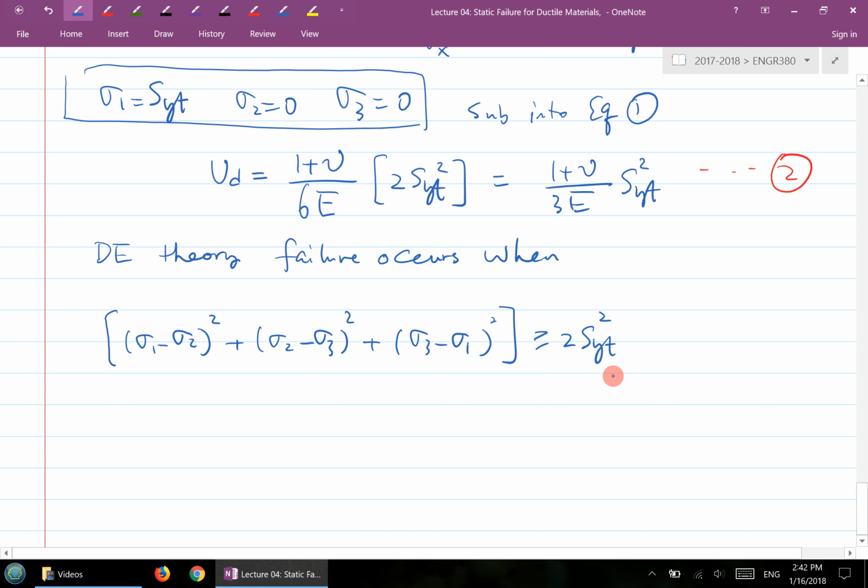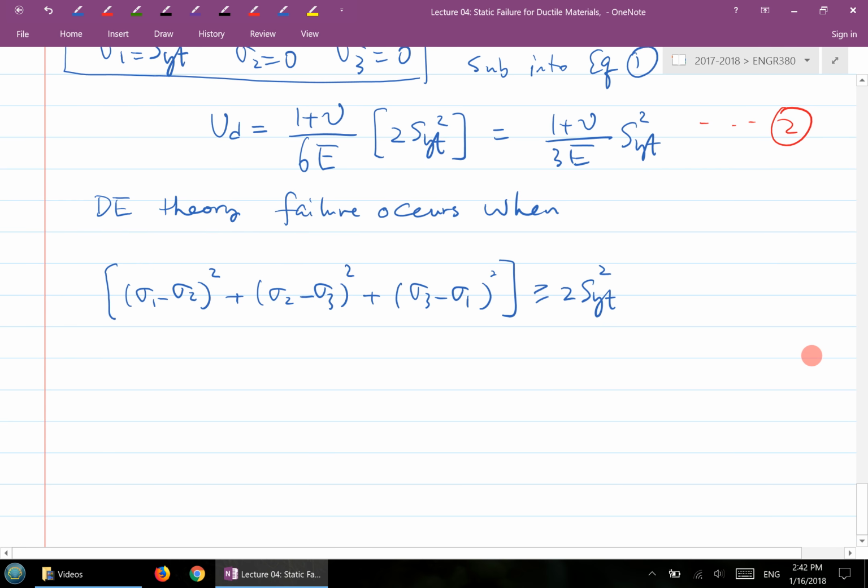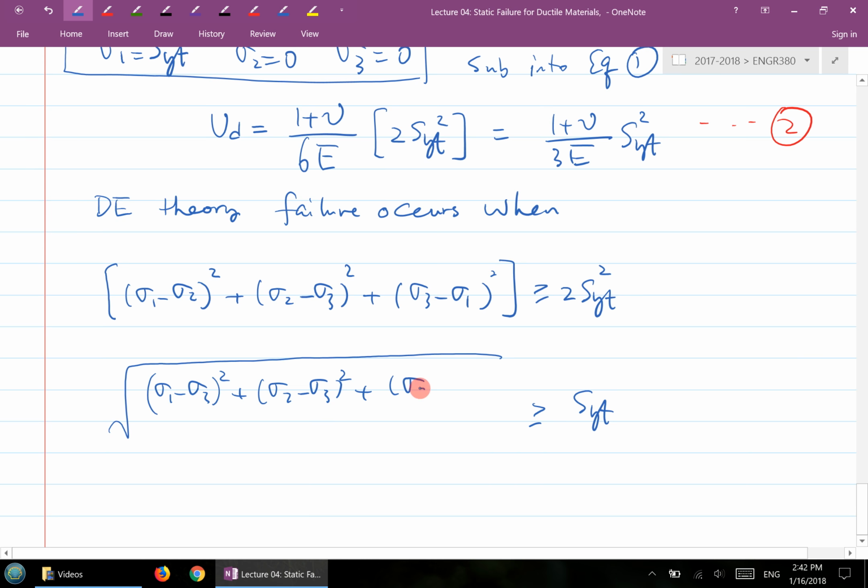But typically what we actually calculate are not these two. We divide by 2 on both sides, so we get rid of the 2 here, and then take a square root on both sides. So this side will be just SYT now, and the other side will be this.